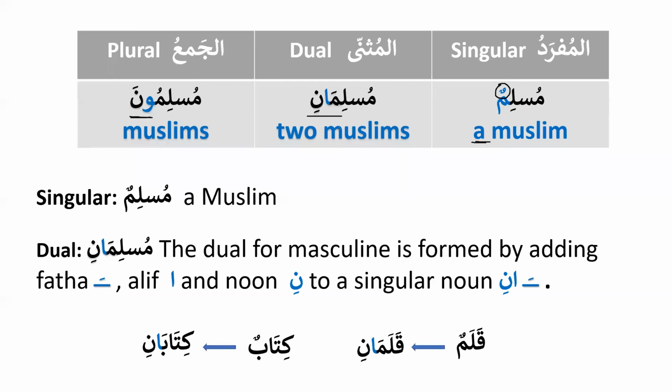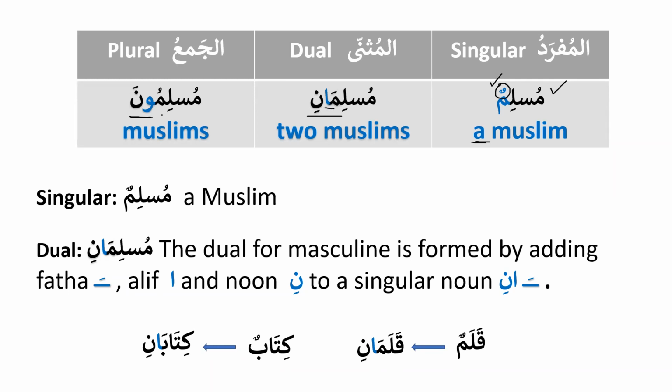For the first noun, which is al-mufrad, we go by the ending, which is tanween. So it can be muslimun, musliman, or muslimin. It goes by tanween, whereas the dual and the plural go by the prolonged fatha and prolonged dhamma. What is prolonged fatha? When we have fatha and after that alif, it becomes longer.